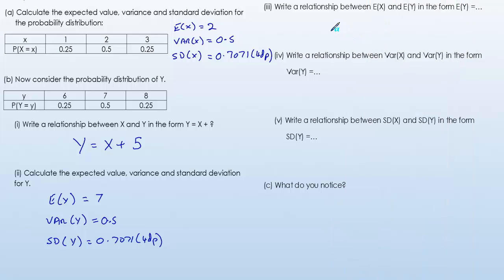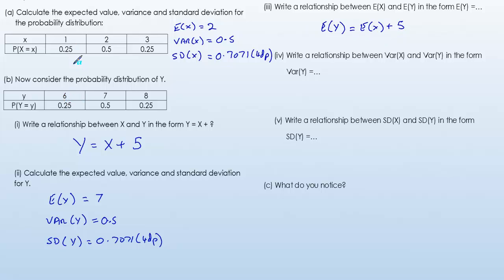Now, the expectation of y is, if we look at it, the expectation of x plus 5. So y is x plus 5 and the expectation of y is the expectation of x plus 5.